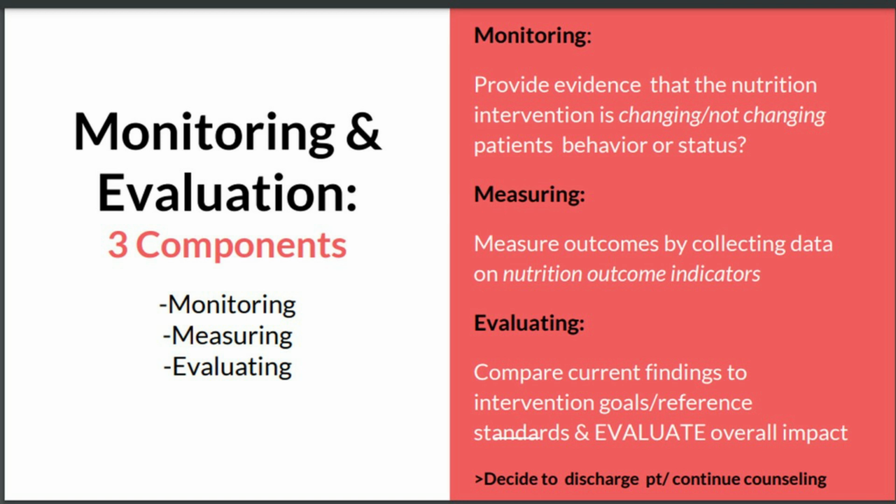This step consists of three actions: monitoring, measuring, and evaluating the changes in nutrition care indicators. Dietitians monitor by providing the evidence that the nutrition intervention is or is not changing the client's behavior or status. They measure outcomes by gathering the data for indicators.